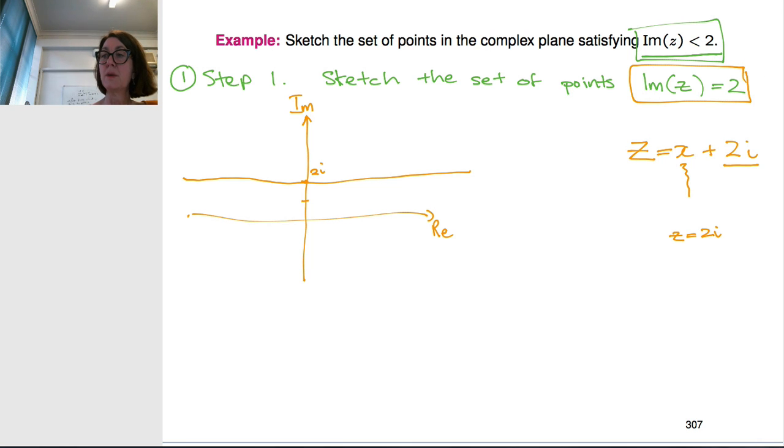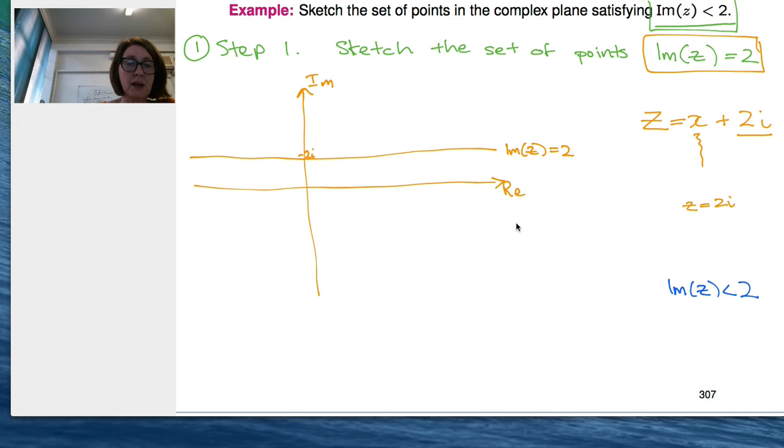Of course, that's not what I was asked to do. I was asked to sketch the imaginary part of z is less than 2. So let's go back to the Argand plane and have a look at a point that's just up here above the line, imaginary part of z equals 2. If you think about this complex number here, its imaginary part looks like it might be about 4.